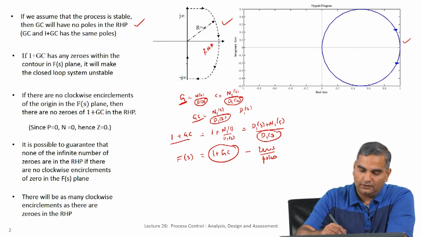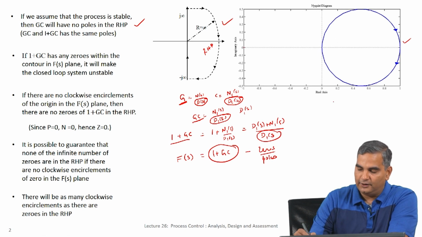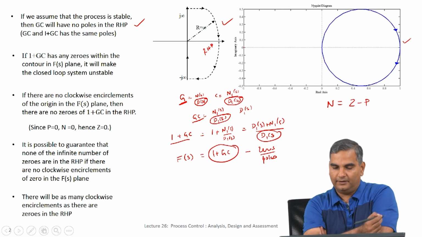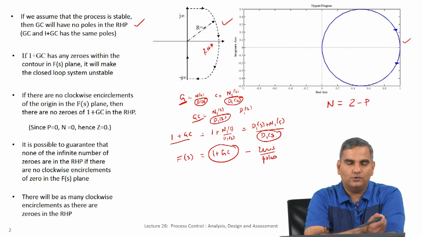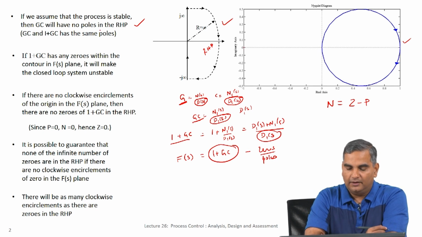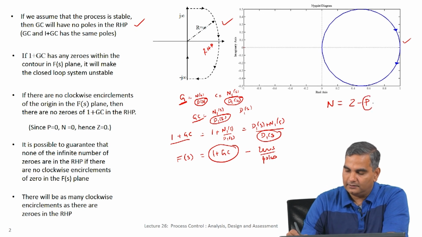So, within this big circle, by looking at the encirclements, we can see the difference Z minus P. As I said before, we cannot individually compute Z and P, but in this case, if the process is stable, we can guarantee that this P is 0 for 1 plus GC.